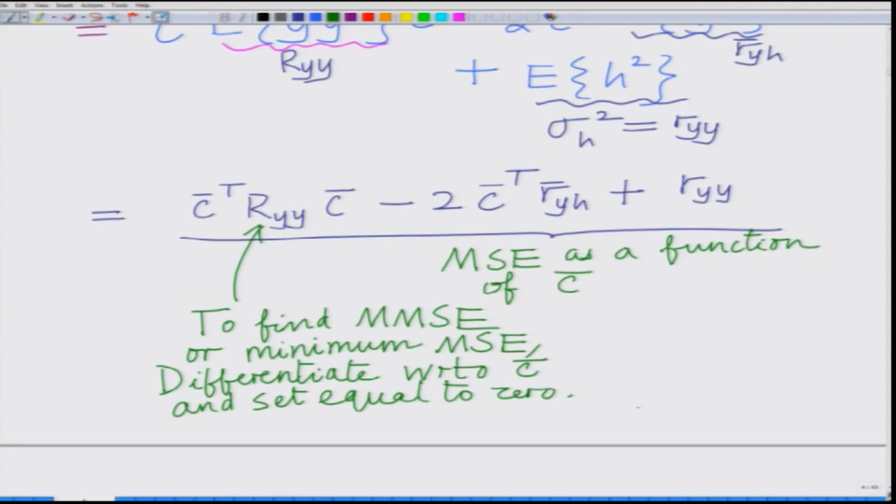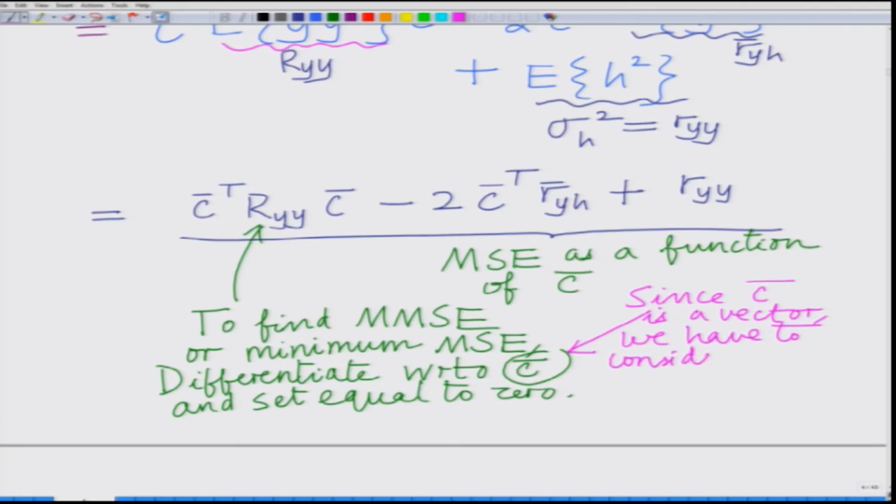However, since C bar is a vector, we have to consider a vector derivative.